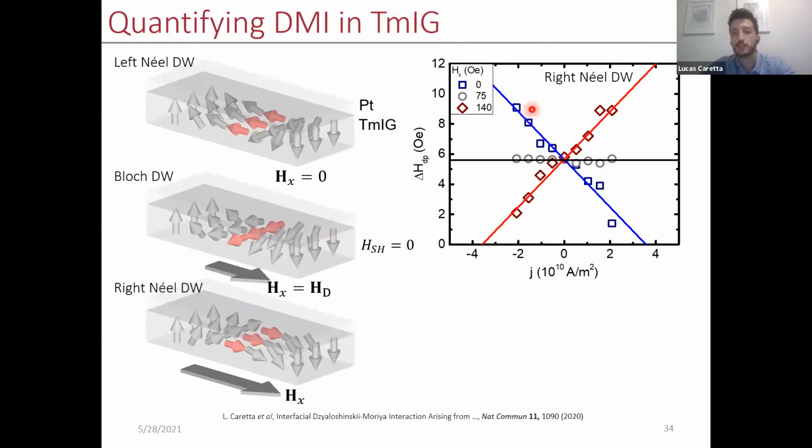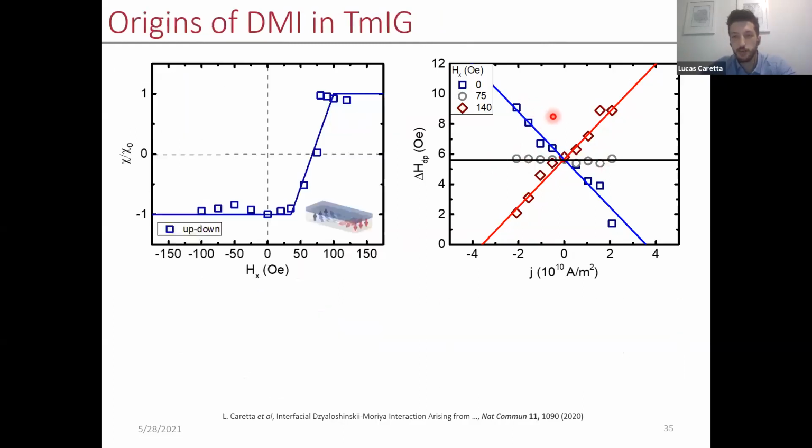A more explicit way to show this is if I plot the slope of this curve as a function of in-plane field. You'll see the plot on the left. For example, at zero field, you see some non-zero torque. If I apply an in-plane field to rotate the domain wall from Néel to block, you'll see that torque goes to zero.